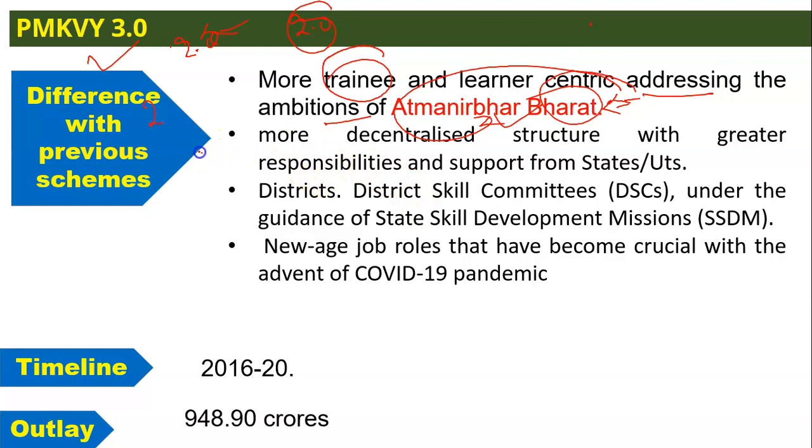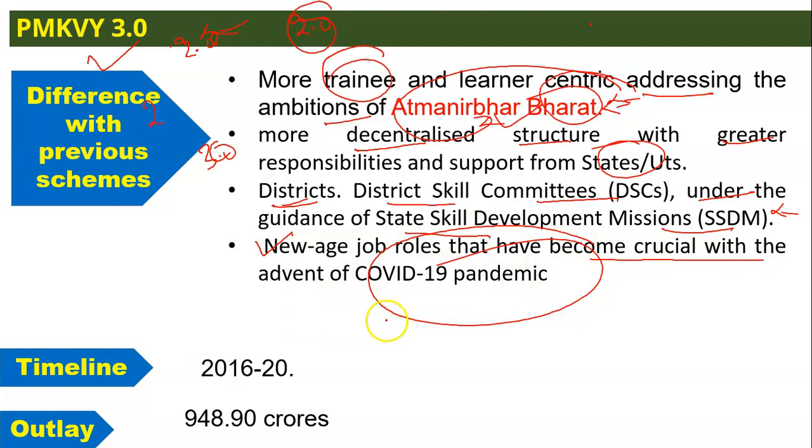But in this 3.0, they have a decentralized structure, giving greater responsibilities to the states and UTs. At the district level, district skill committees under the guidance of the state skill development mission are playing a major role, and in the new age job roles that have become crucial with the advent of COVID-19, right?